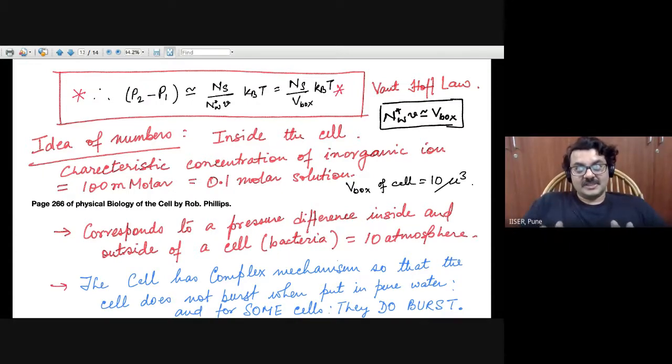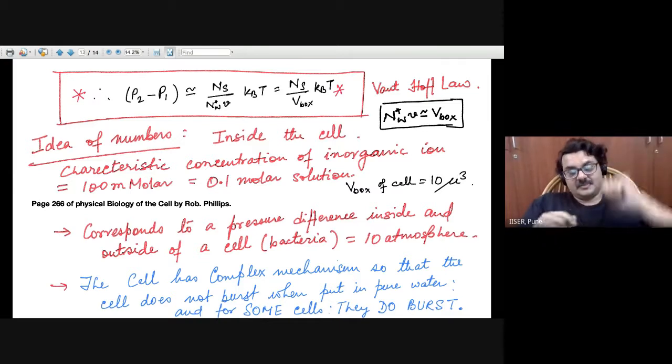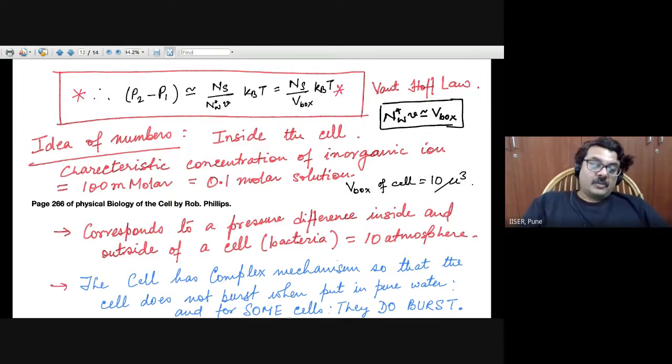So in a normal cell, without any regulatory mechanism, if you drop it in pure water, then the pressure difference would be around 10 atmospheres. It would burst. But of course, inside the body there are other ions outside the cell also. And moreover, a cell has various complex mechanisms so that it does not burst when put in pure water. Some cells which don't have the mechanism do burst.